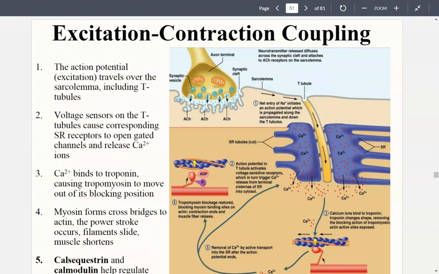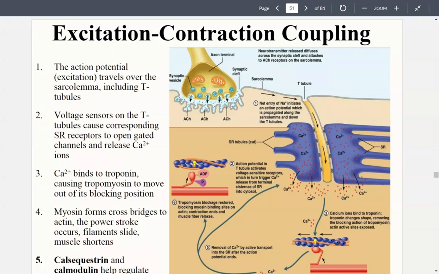This change in the voltage is going to trigger the release of calcium from the sarcoplasmic reticulum that is located on either side of the T-tubule in the lateral sacs. This calcium, which they were storing, is going to be released into the sarcoplasm. This calcium, in turn, is going to bind to that troponin, as we saw in the last audio.